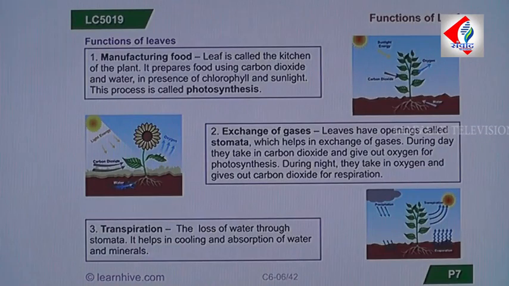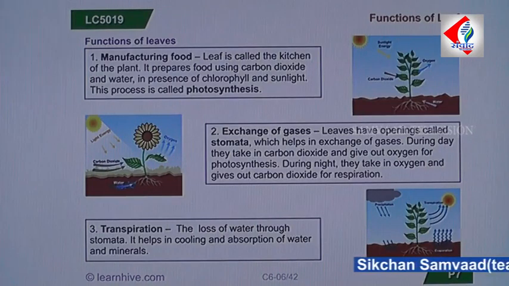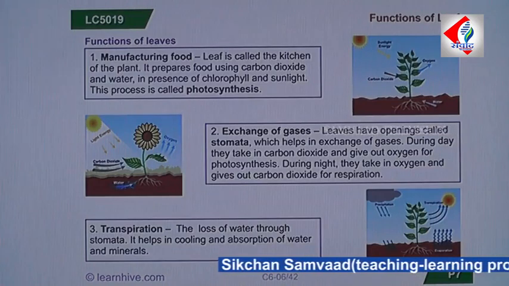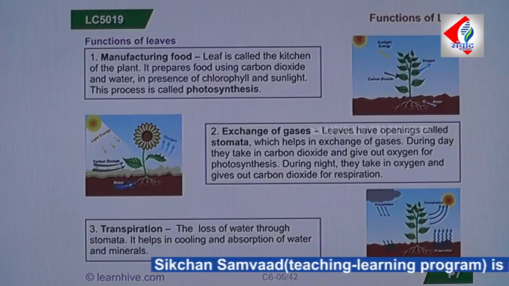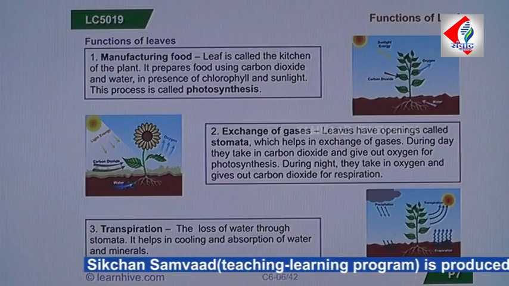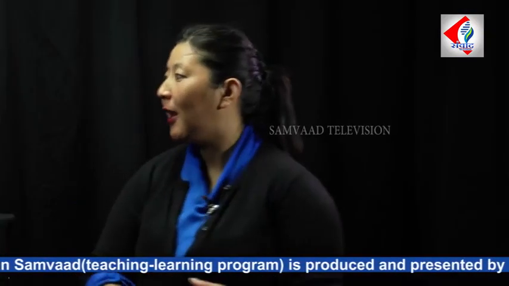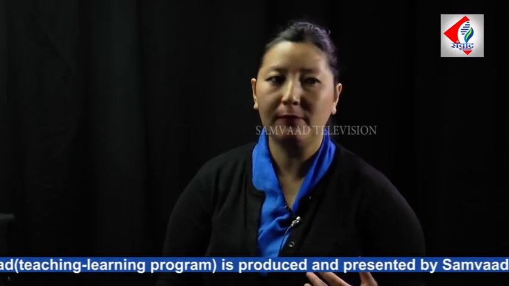It also helps in the exchange of gases. Like I told you, leaves have small or tiny openings called stomata, which help in the exchange of gases and also water. Then they also cool the area by the process which is known as transpiration. They also help to cool the environment.